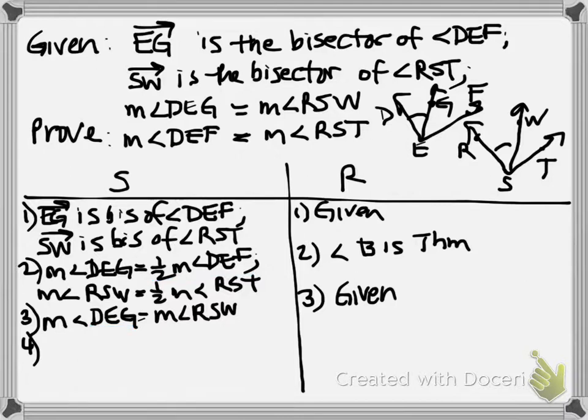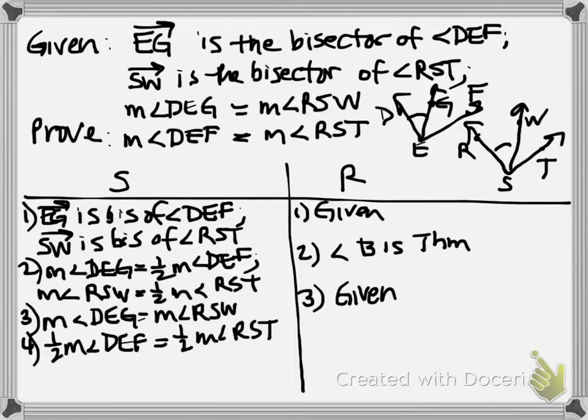So we replace measure of angle DEG with one-half the measure of angle DEF, that's the same as the measure of angle DEG, and that is going to be equal to the replacement for the measure of angle RSW, which is going to be one-half the measure of angle RST.